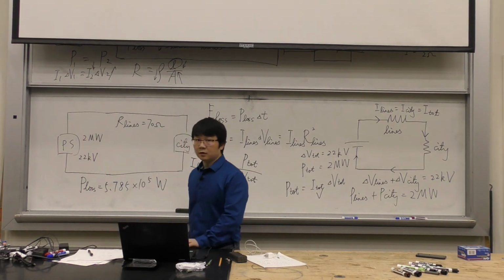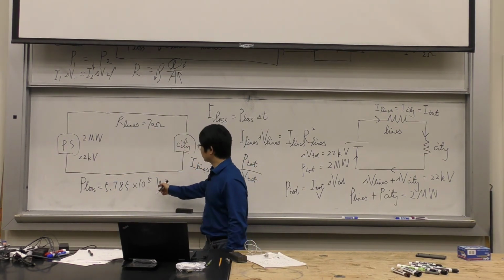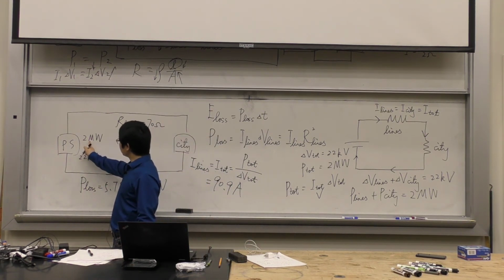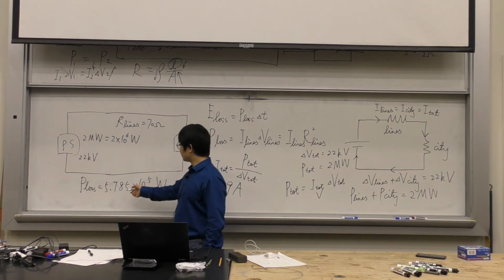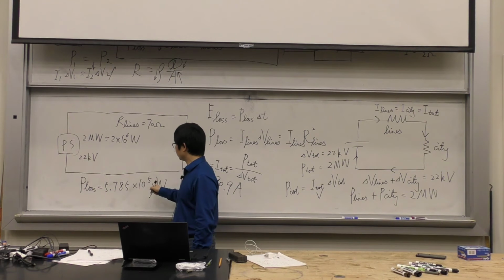Now let's pause here and take a look at this. It wants to deliver 2 megawatts, which is 2 times 10 to the 6th watts, to the city. But this already takes almost 6 times 10 to the 5th, right?